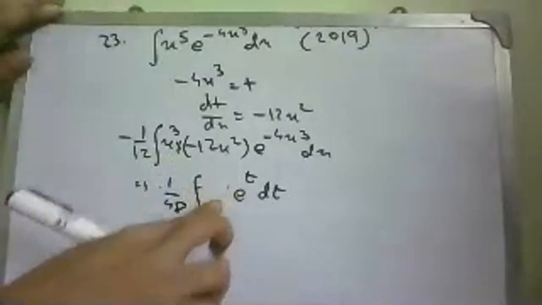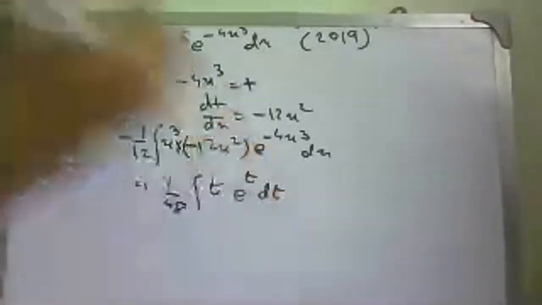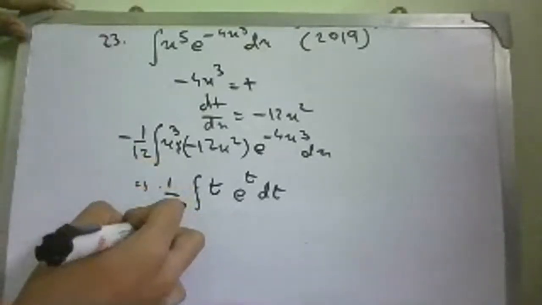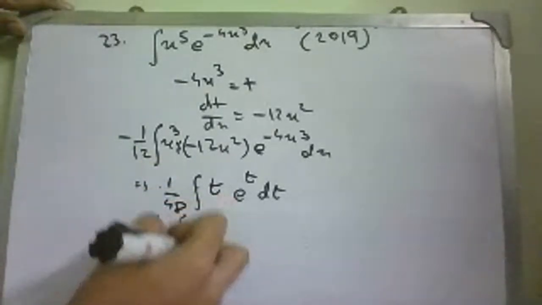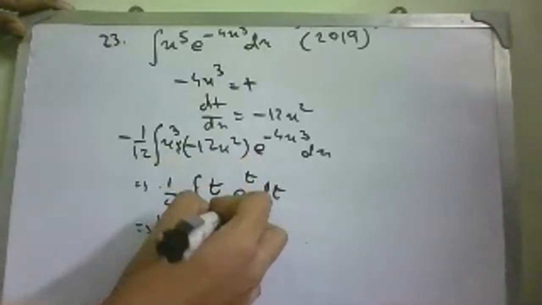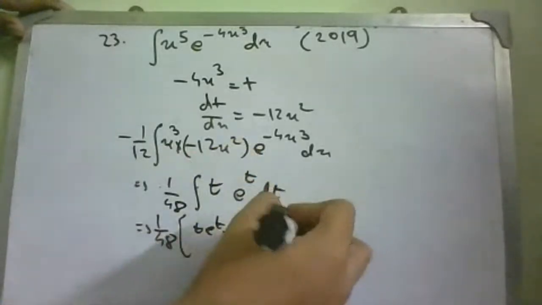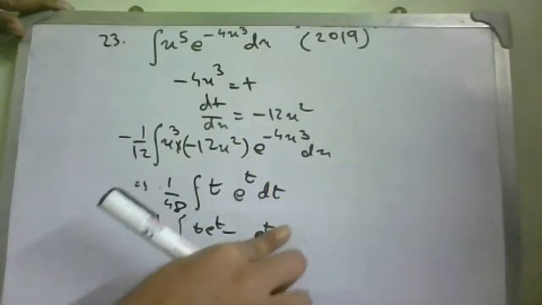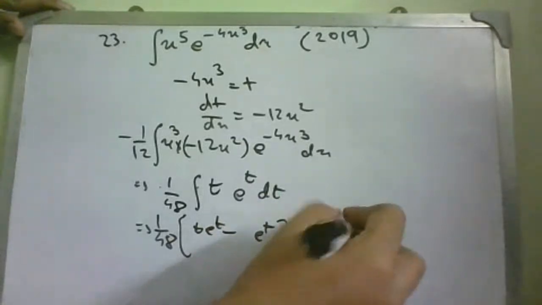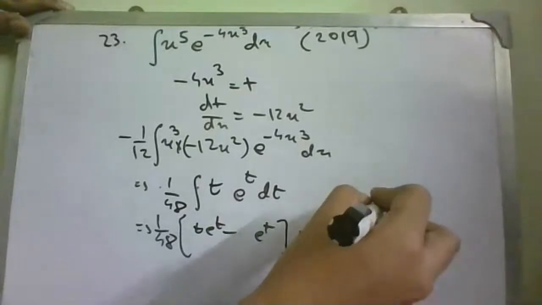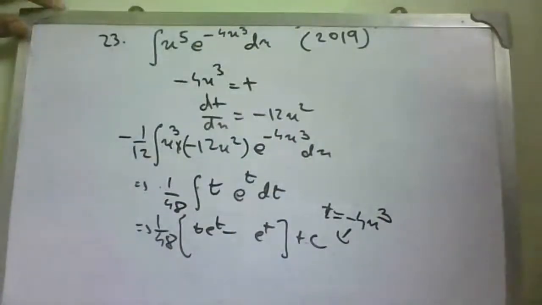So this thing actually turns out to be t as well. Okay. So now simple by parts. 1 by 48 outside. This is the first function, t, minus integral e to the t again dt, because differentiation of this thing is 0. So yeah. Now what is t? t is minus 4x cubed. You can just plug it in here.